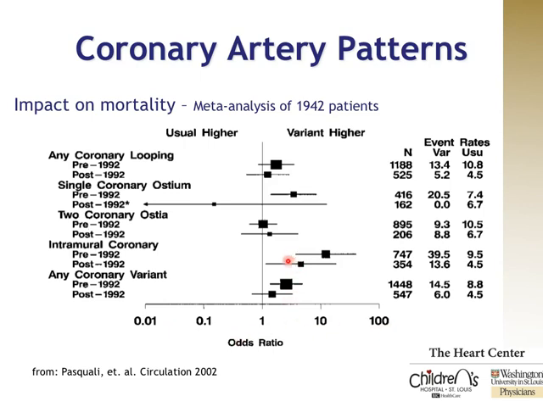So in the current era, intramural coronaries still have a risk that's upwards of 6 times standard anatomy. Used to be upwards of 10 or 11 times. So that's what's important. And again, any variation in coronary anatomy is going to be an odds ratio about double the risk of mortality compared to standard anatomy.